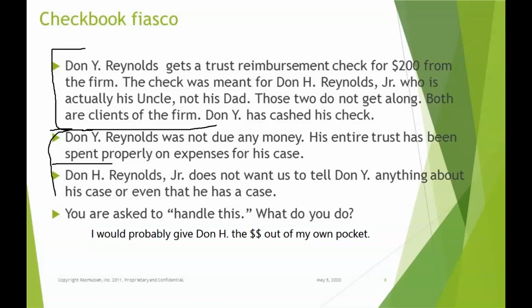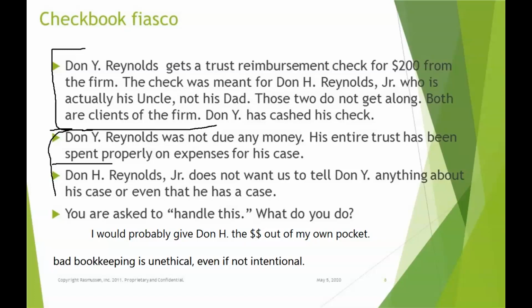So we're kind of like a bank and insurance company combined. I mean, we can't just say, well, we were dumb, we forgot. So we can't tell Don Y. Reynolds anything about this, or even that there's a case there.